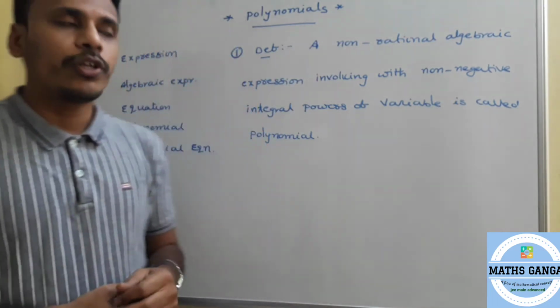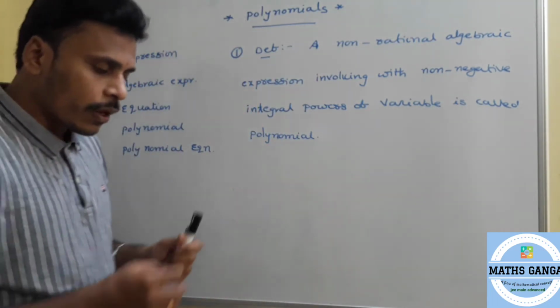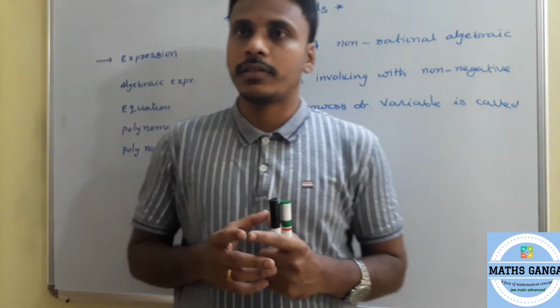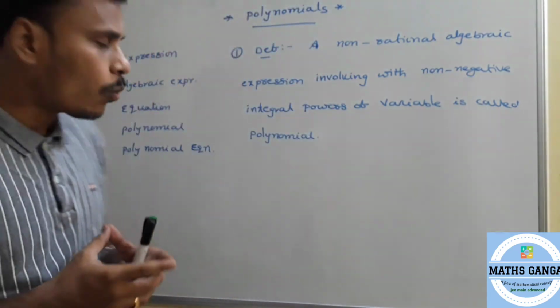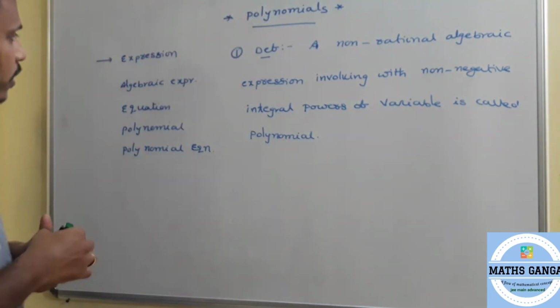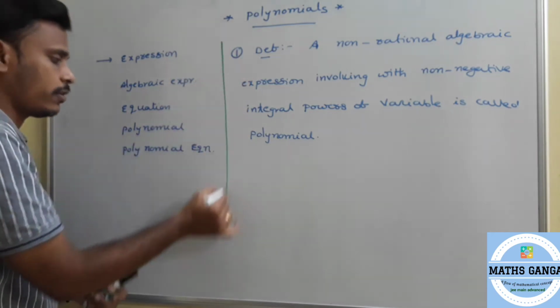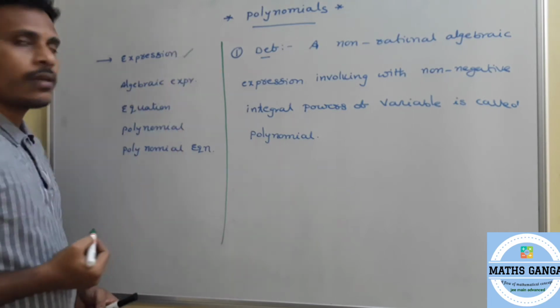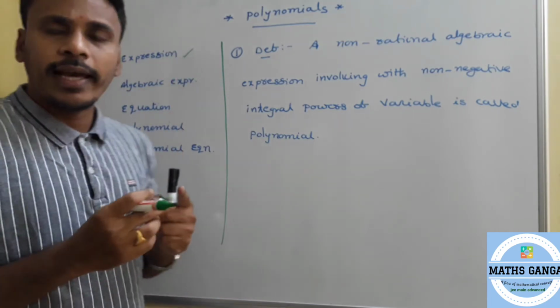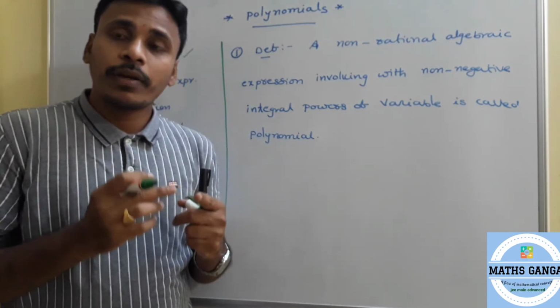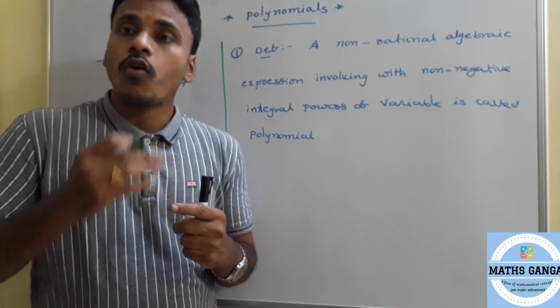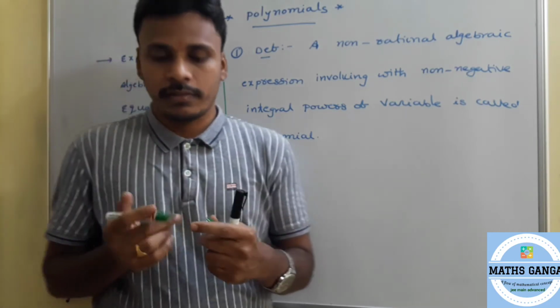Before we start these polynomials, we need certain prerequisites to understand them. What are those prerequisites? Let us have a look here. We need to know about expression. Expression means the way of expressing our ideas.